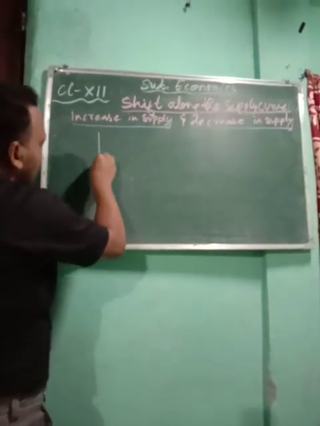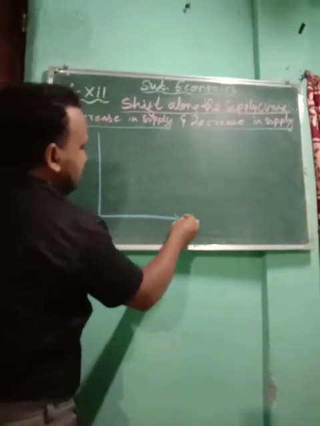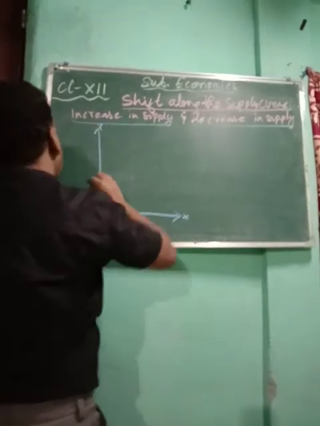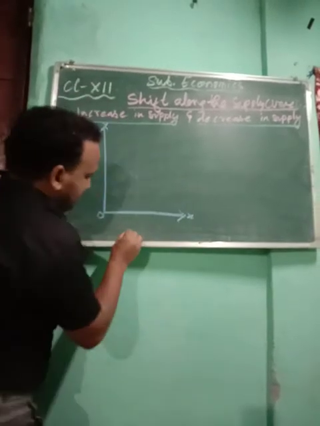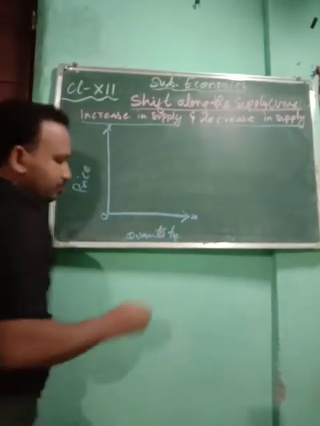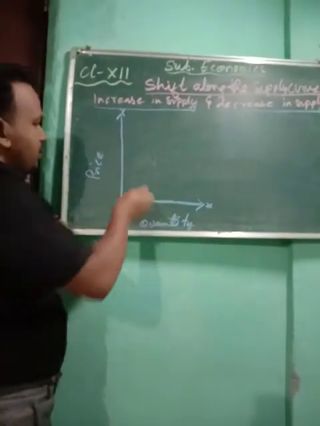Now I am going to show increase in supply. X-axis, y-axis, 0, price, quantity, as usual. In shift the price will remain constant.